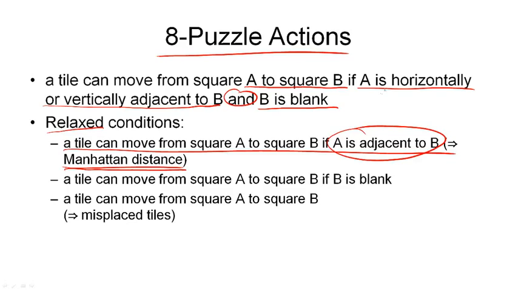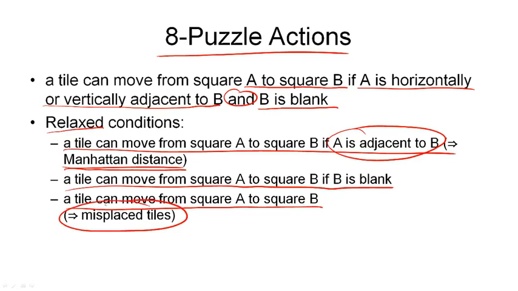The second one is if we drop the first part of this definition, so that the adjacency condition is dropped, then we end up with a heuristic that the tile can move from A to B if B is blank. And finally, we can have a heuristic if we drop both conditions that says a tile can move from A to B and there are no conditions. And of course this then gives us the misplaced tile heuristic.